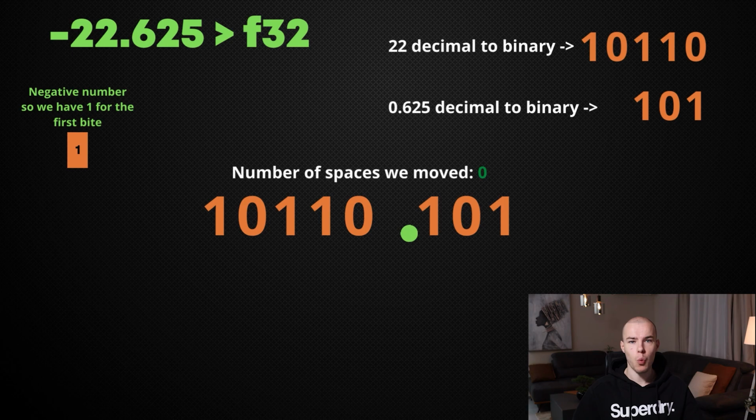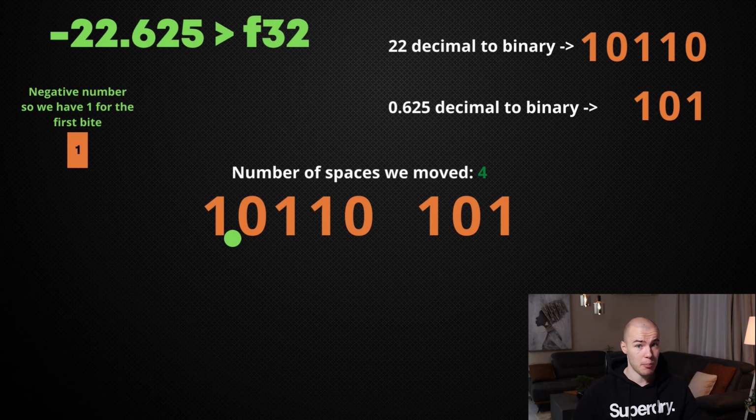When we move 1 space, we get this result, 2 spaces, 3 spaces, and 4 spaces. So as you can see, we need to move our decimal point 4 spaces to the left in order to get the desired format. The desired format is 1 point something.